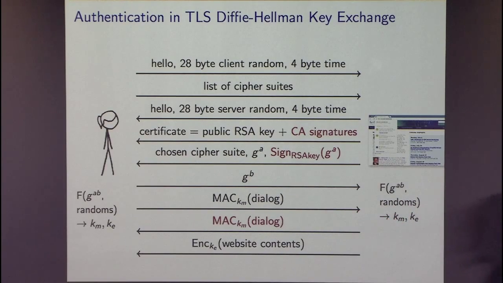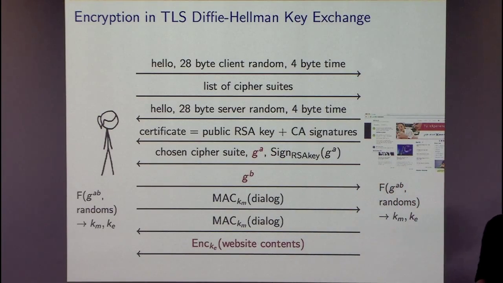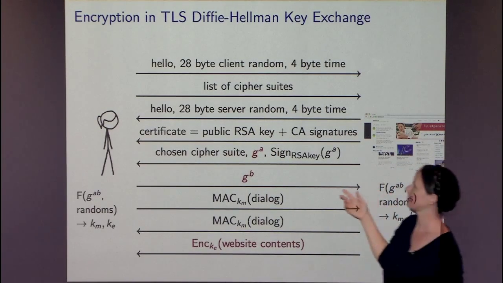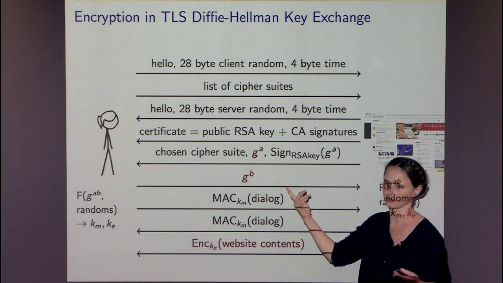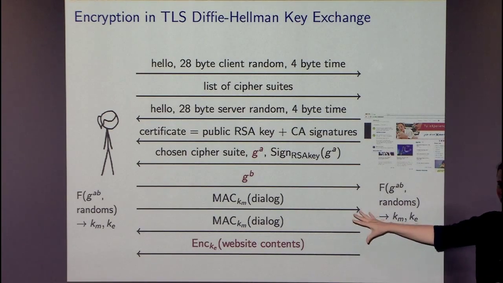So we sort of chain trust that way. And then the encryption is just given by the Diffie-Hellman values, g to the a and g to the b. Of course, there's no authentication of the client, but the server doesn't really care who the client is. You can do this in TLS, but nobody does. So it's kind of like where these guarantees come from in the actual protocol. This is much more complicated than the first slide.